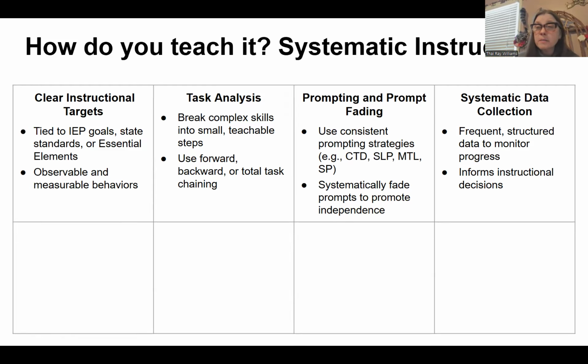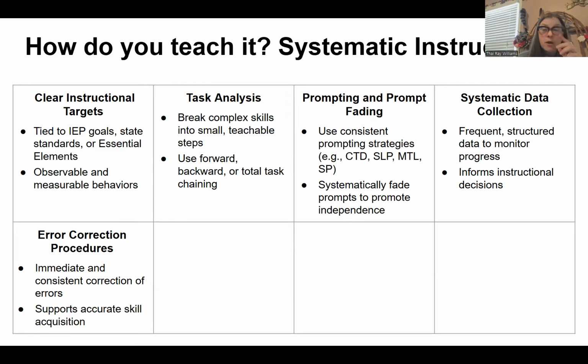You're going to systematically collect data. So it's going to be frequent. You're going to have some kind of structured way that you're collecting data, and you are going to progress monitor those students. So you need to have some kind of a progress monitoring schedule, because you're going to use that data to inform your instructional decisions. We all know that if a student makes a mistake, we're going to engage in error correction, or possibly if they don't respond, you might use the same procedures.